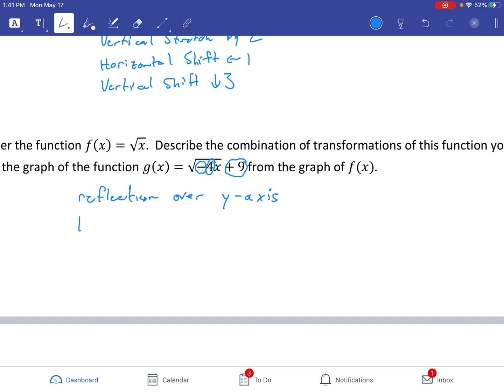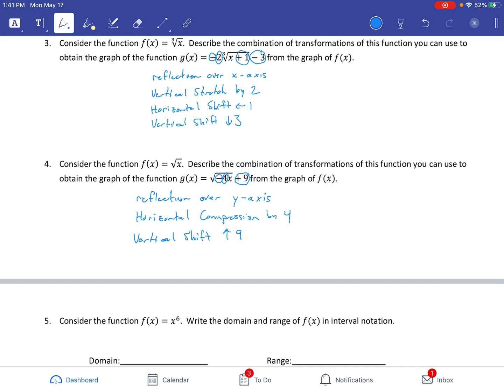The 4 on the inside, this time, is a horizontal compression by 4. And lastly, the 9 is a vertical shift going up by 9.